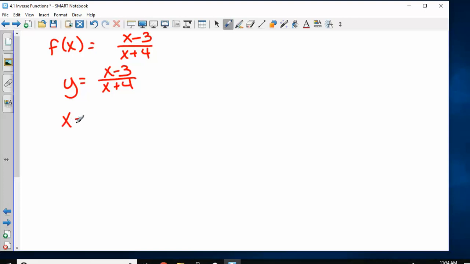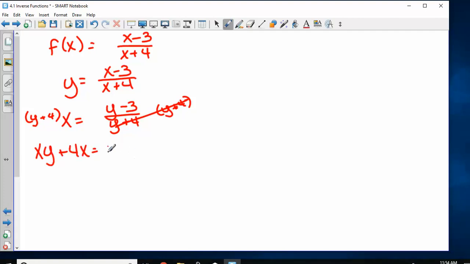Switch x and y, and we now have 2 y's in the problem. Get rid of the fraction, so you multiply over the y plus 4. Then what'd you do?